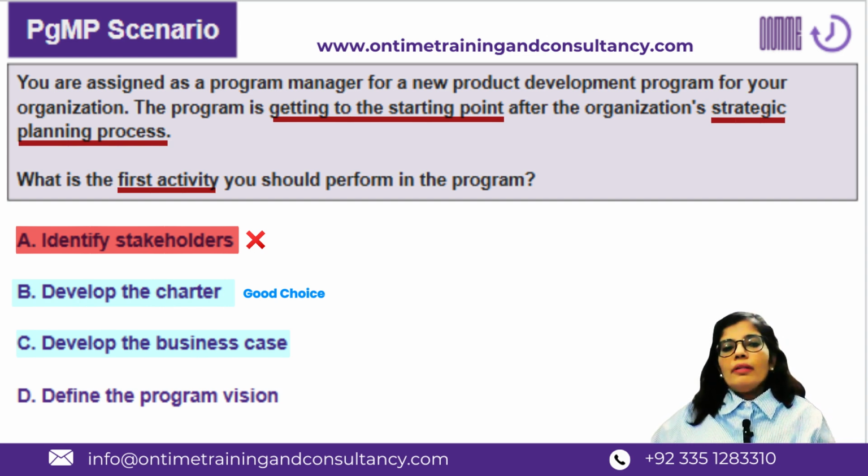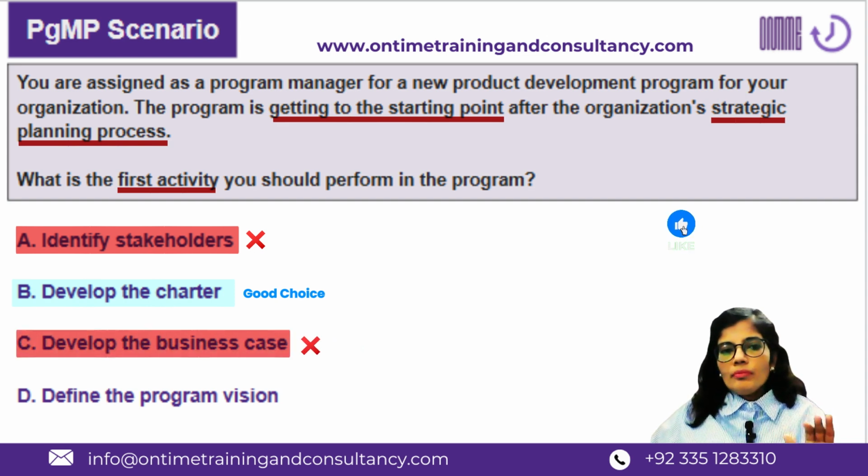So in that capacity, business case is not the next thing to do, because that part has been done and dusted, right? So C is out and the program is already started.